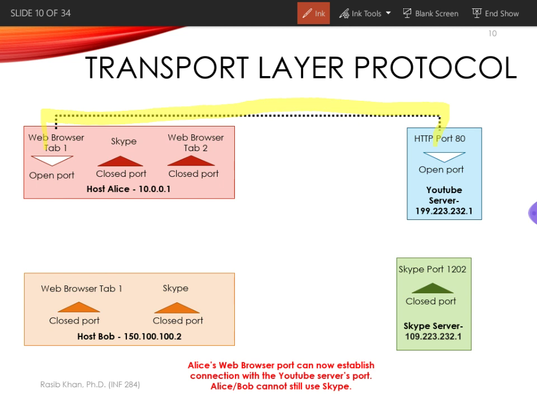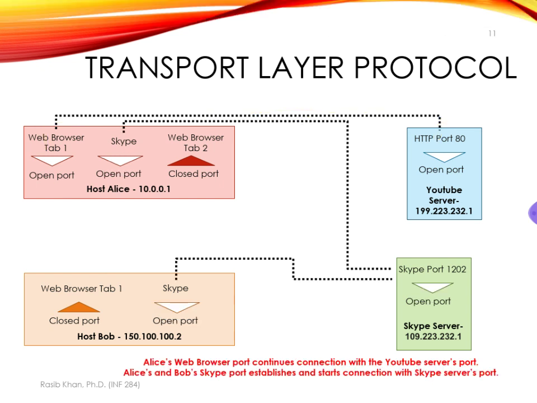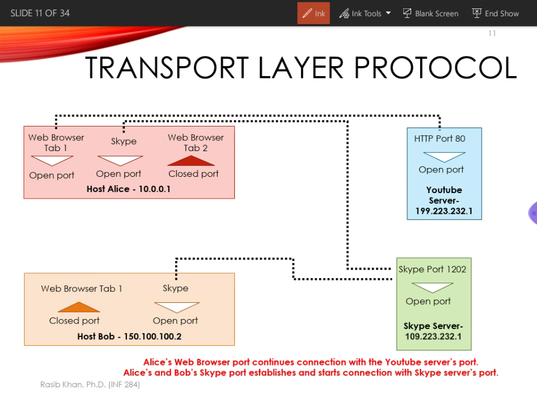So to have a meaningful conversation in a real life scenario, where Alice would be, let's say, having a video played and also chatting over Skype with Bob, in that case, the Skype port on Alice's host should open, which will then have the exchange of meaningful data with the open port on the Skype server, and then the Skype server will also be communicating with the open port on Bob's host to have the meaningful exchange of data.